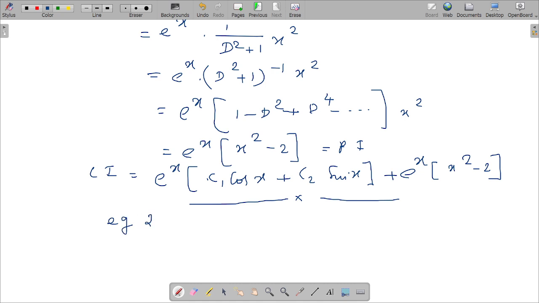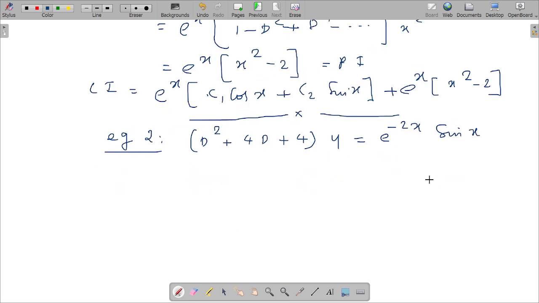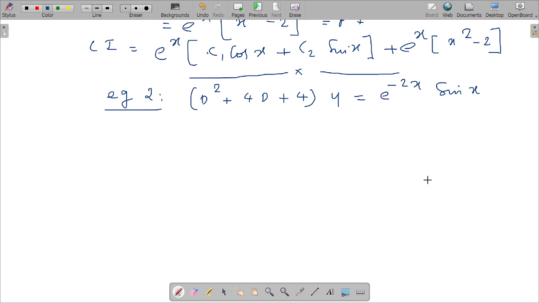Example number 2. D square plus 4D plus 4 into y equal to e power minus 2x into sin x.